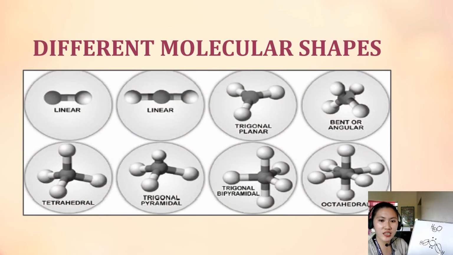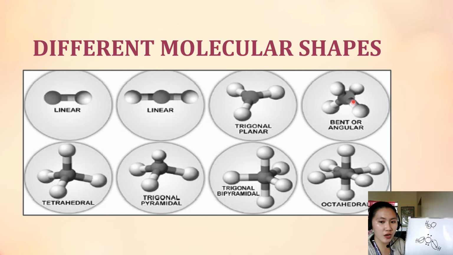So these are the different molecular shapes, okay? So based on our molecule, the H2O, since meron lang siya ditong one bonding pair and the other side is one bonding pair, it is a resemblance of the bent or angular shape, okay?